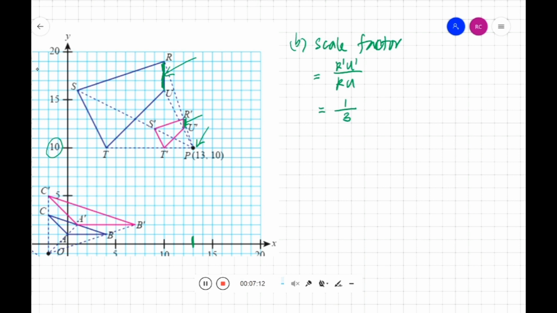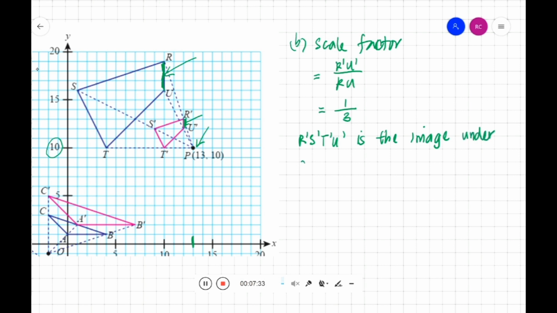Okay, then you can describe your enlargement. So R prime, S prime, T prime, U prime is the image under an enlargement. We need to get used to this word.